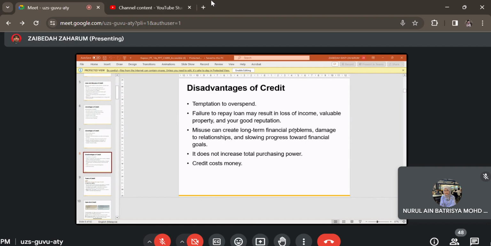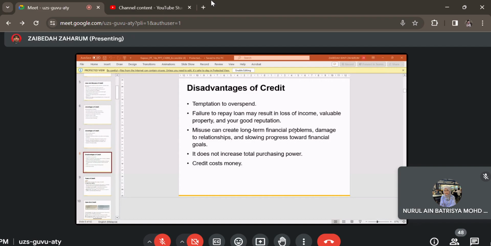Okay. The first one, temptation to overspend. Ini memang selalulah. Okay. Ini adalah salah satu keburukan bila kita membuat pembelian secara kredit lah ataupun menggunakan kredit ni tadi. Okay.